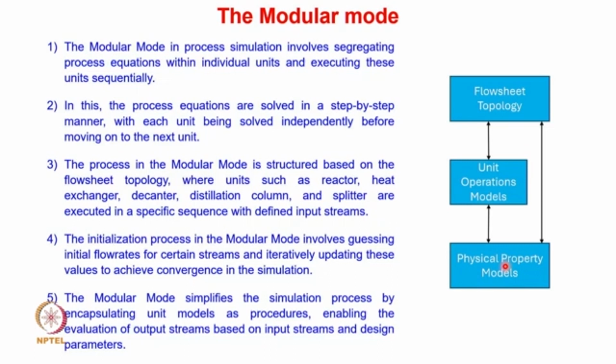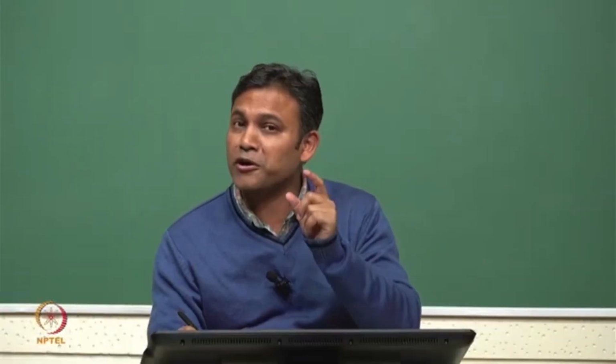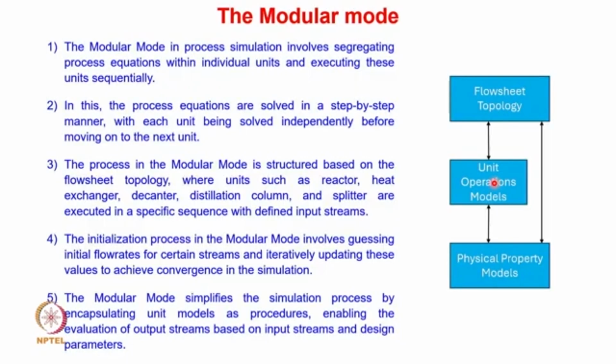These physical properties at the given condition we are going to use at different unit operations. Then we are going to solve the non-linear model equations corresponding to each of these units, and once we have solved that, we are going to combine all these unit operation solutions with respect to how sequentially different units are arranged in a flowsheet topology.